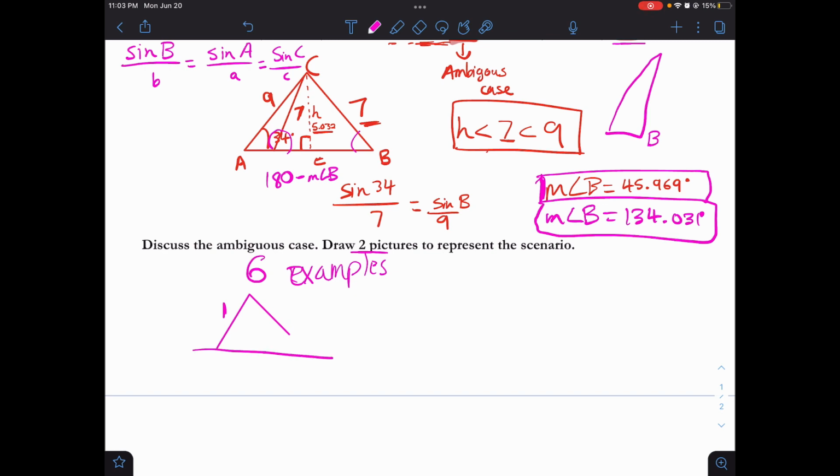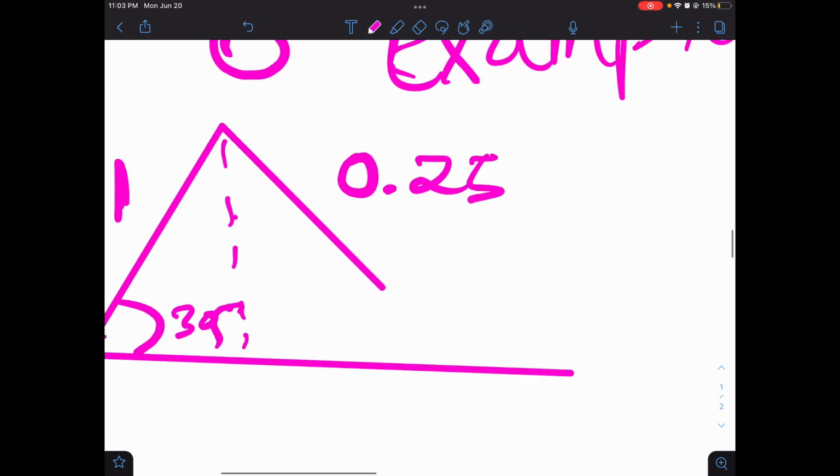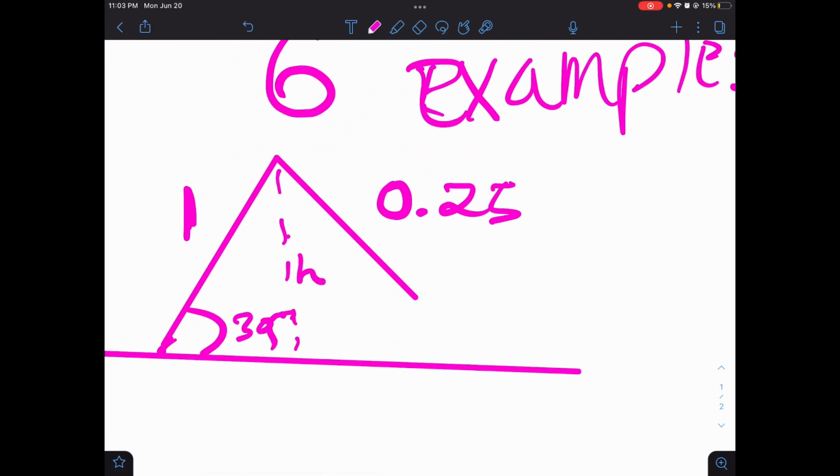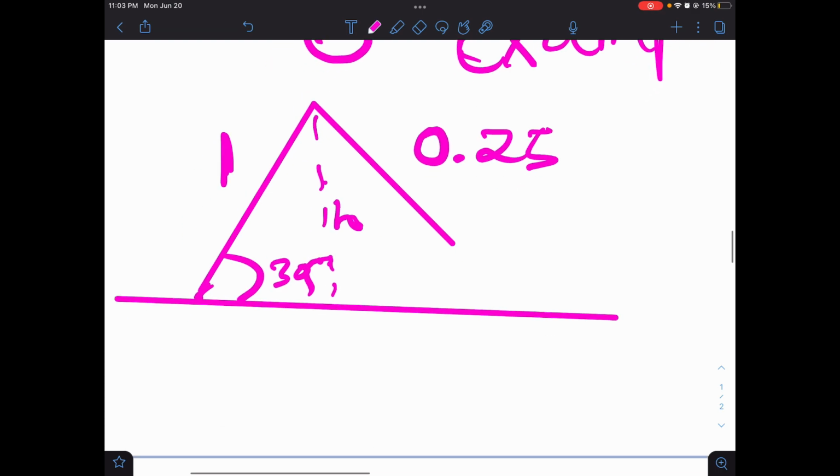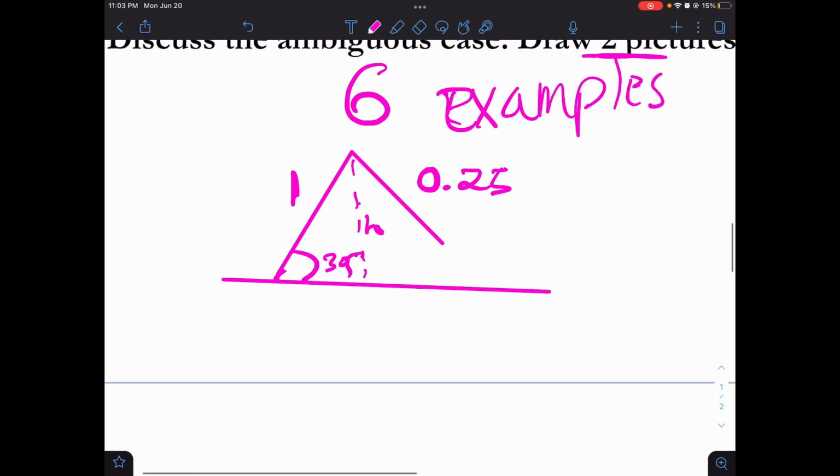And it gives us a side length that this right here is 0.25, right? And this right here is 30. So now we drop the altitude of this triangle to find this value right here. And this value will tell us that we have no solution.